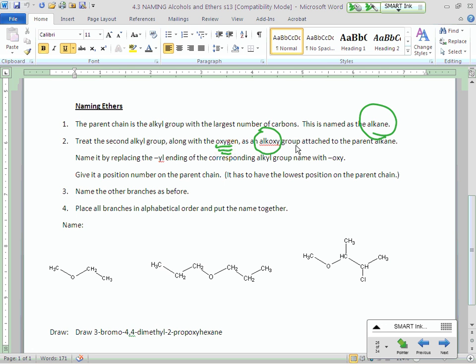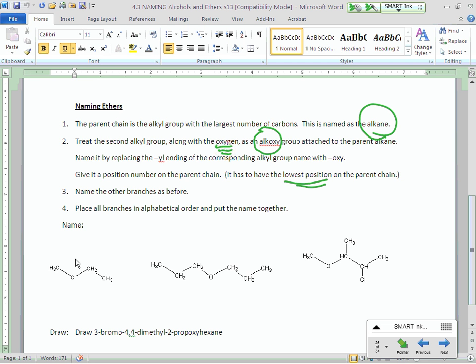And I'll show you what I mean in a moment. We replace the yl ending with oxy. Give it a position number on the parent chain. Now, this alkoxy group will have the lowest position because it's the functional group. Name the branches as before, and place all the branches in alphabetical order.